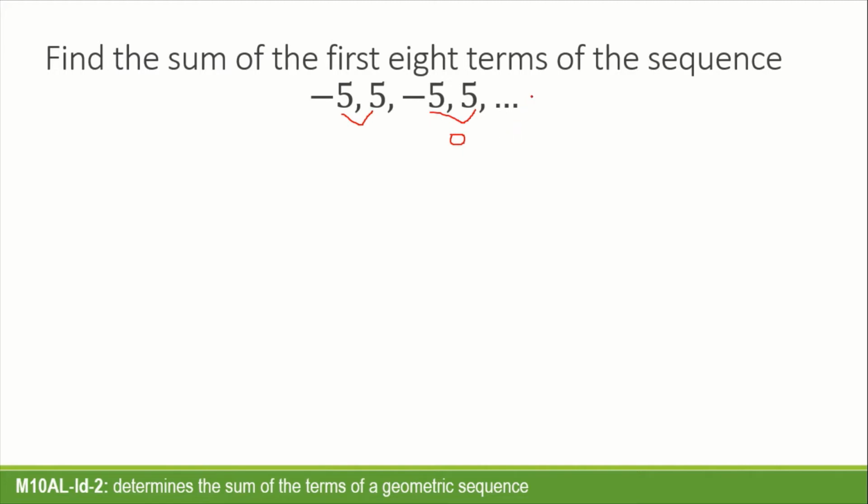So, kahit magsulat ka pa ng 5th, 6th, 7th, 8th terms, di ba, ang susunod dito ay negative 5, 5, negative 5, 5. Tama ba? Okay. So, pag pinagpares mo ito, pag inadd mo itong dalawang magkasunod na terms, this is still 0. Then, this is also 0, yung 8 terms.